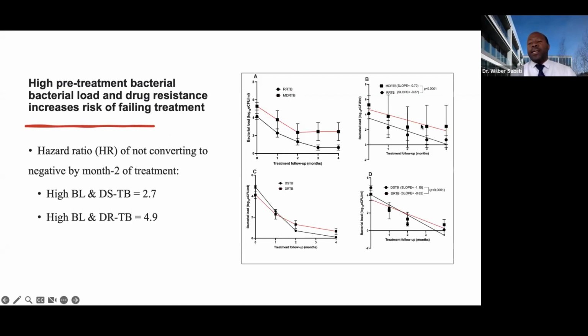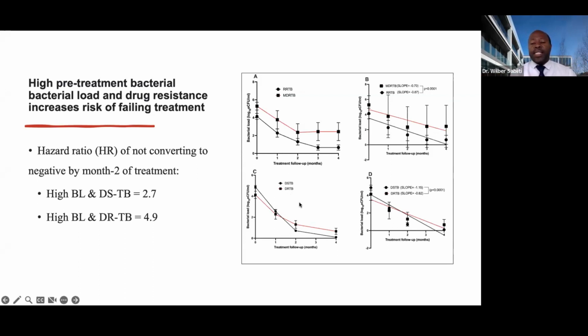And on the side are the regression lines to measure the slope, the rate at which the bacteria were cleared. Then we compared this drug-resistant TB cohort with a drug-susceptible TB cohort from Uganda to see how they compare in terms of treatment response.